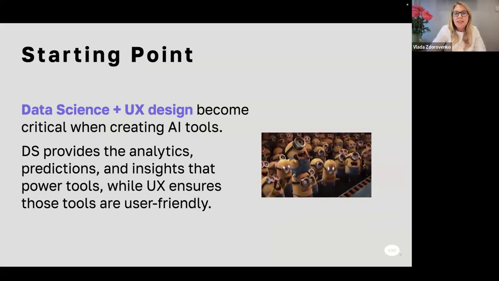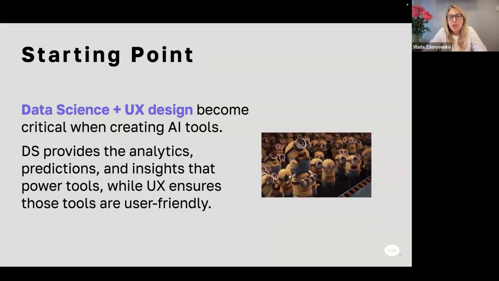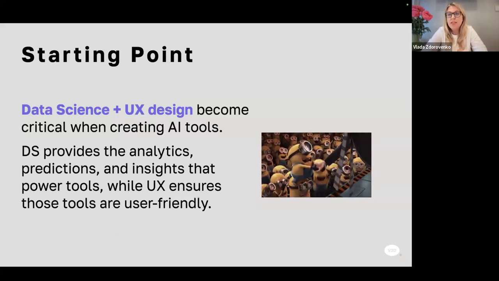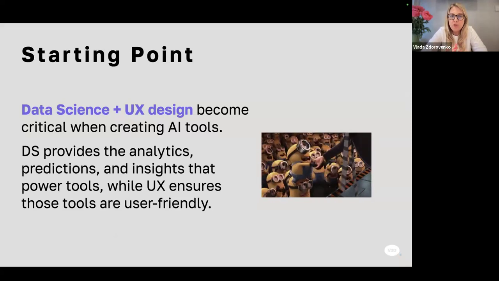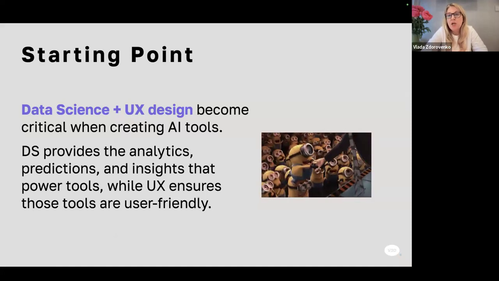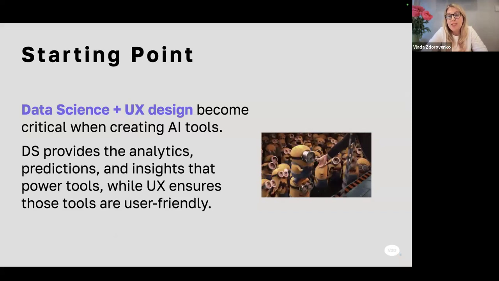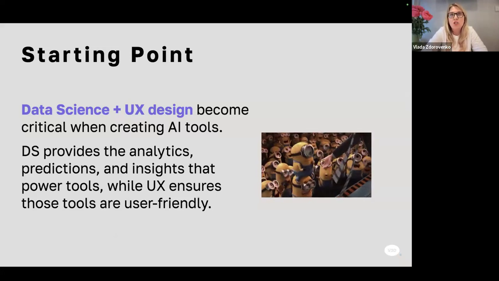Moving forward, data science and UX design become critical when creating AI tools. And that means that data science provides one part, like analytic predictions and insights, and that helps to power tools. At the same time, UX ensures those tools are user-friendly and helps users to have a better experience and adapt to the new technologies.